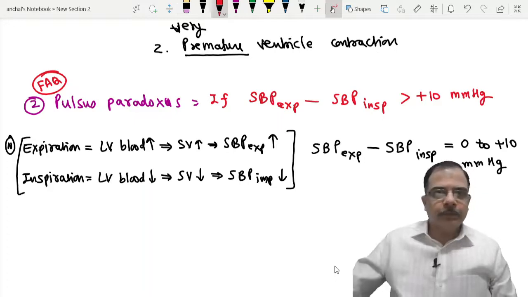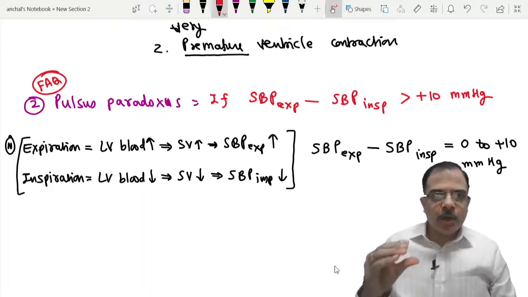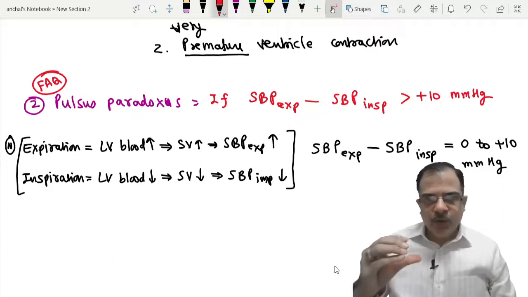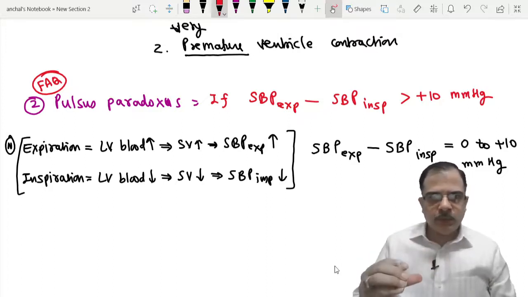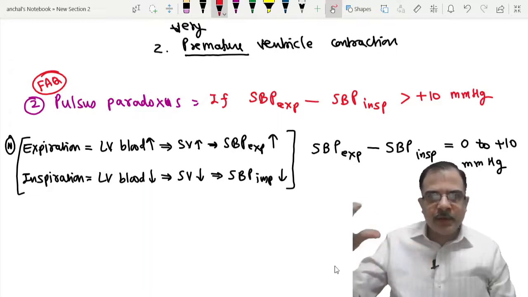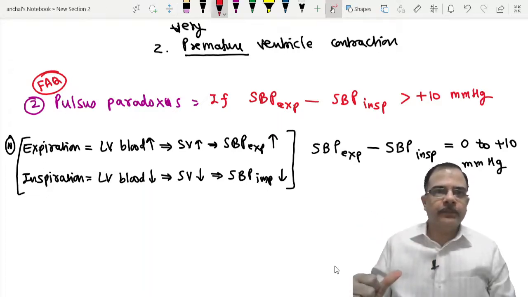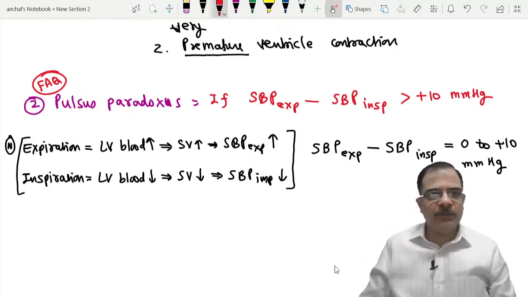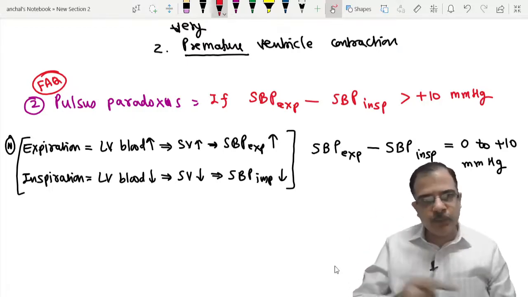Both words are wrong. Paradox is opposite response, but here it is an exaggeration of a normal response of the body. It is an exacerbation or increase of the difference, not the opposite.